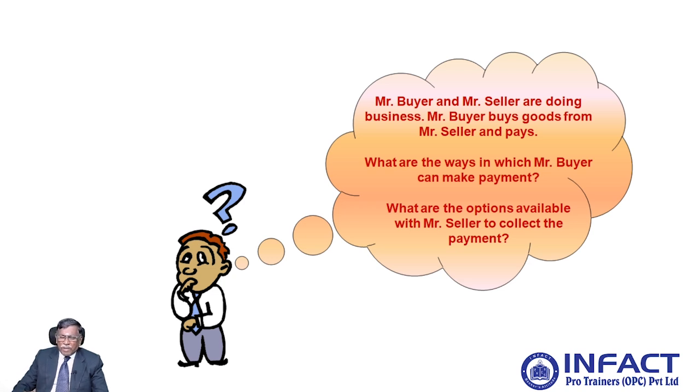And the buyer needs to make a payment to the seller, obviously. What are the different ways in which the buyer is going to make a payment? As far as the seller is concerned, what are the different ways available to him to collect this particular payment? To answer these questions, we need to understand the products under collections.